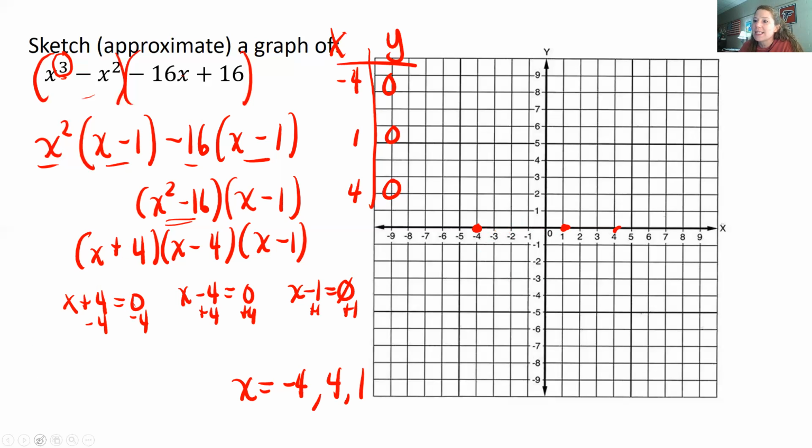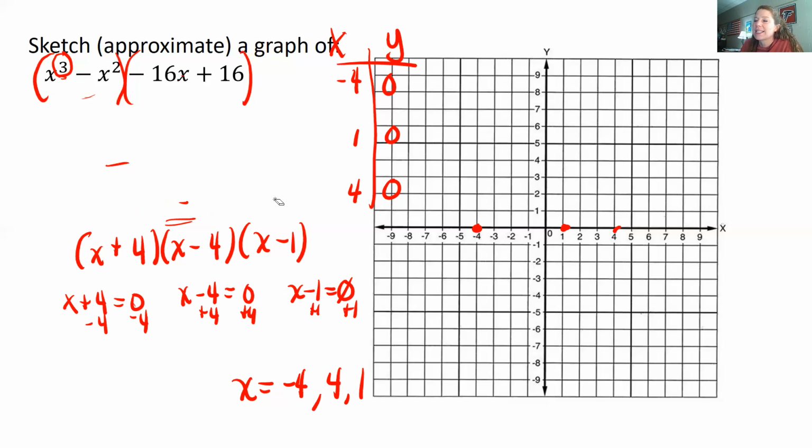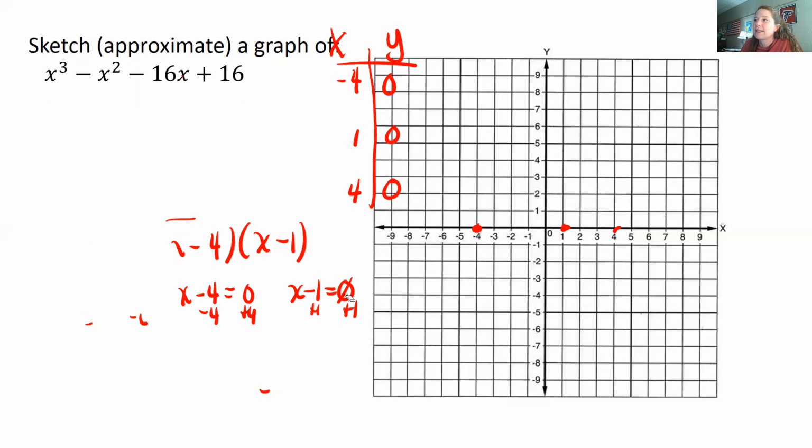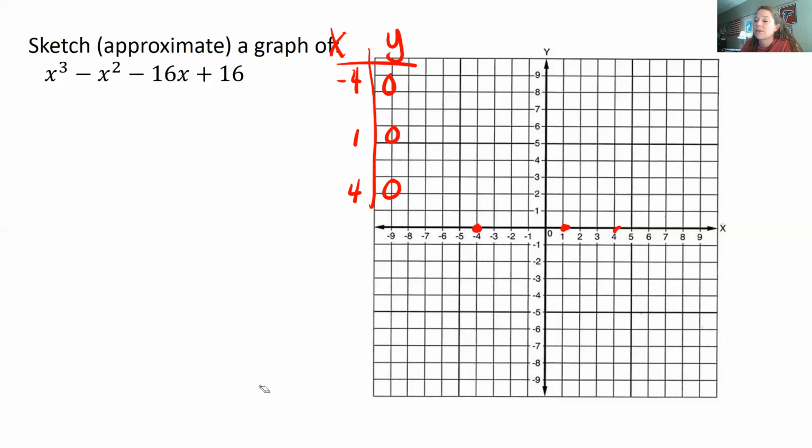All right. So now what else can we use in order to sketch this graph before we check it and see how close we are? Well, besides our x-intercepts, we can always find also our y-intercepts, right? How do you find the y-intercept? Well, you set x equal to 0, okay?